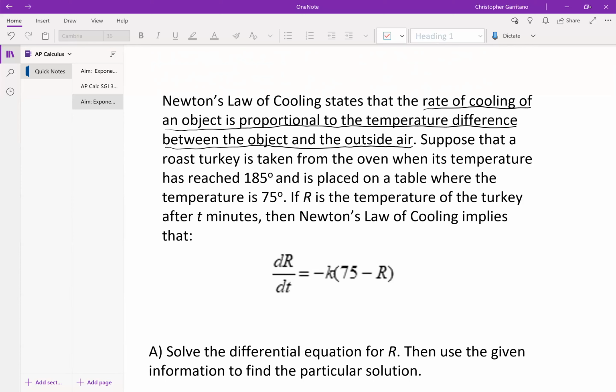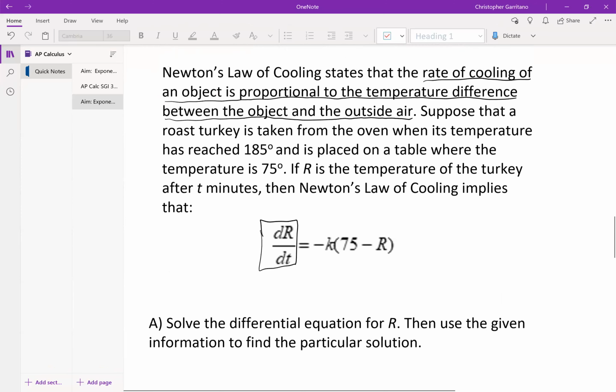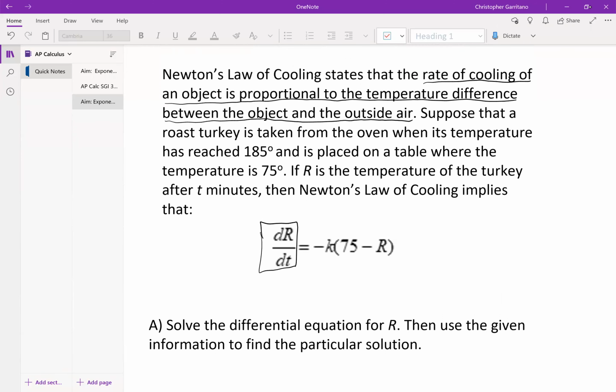So this left side represents the rate of cooling of the object. It might not be obvious, but this letter R, which is a function of time, they do tell you: R is the temperature at any particular time. So dr dt represents the change in temperature over the change in time.